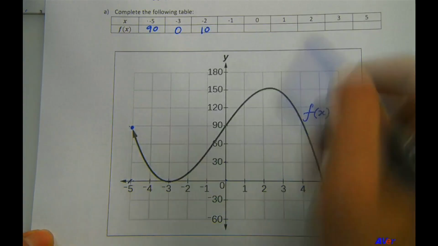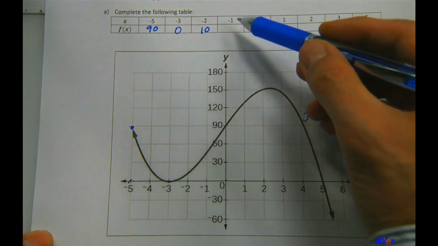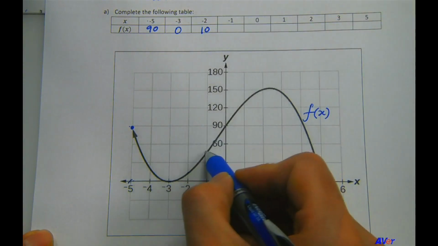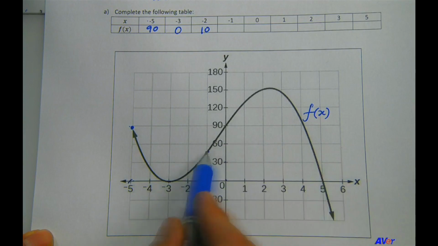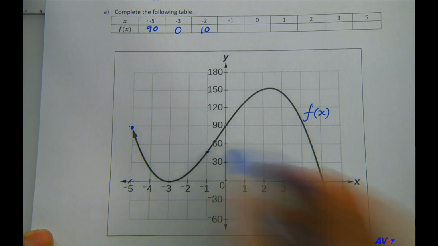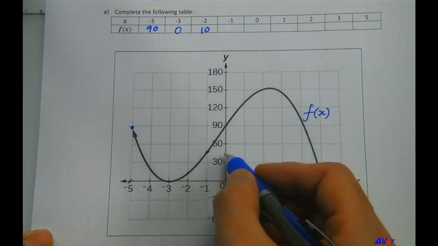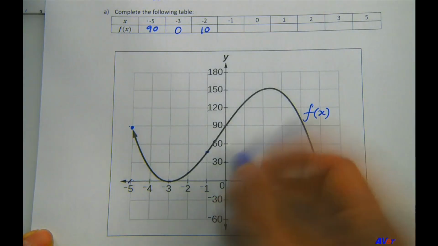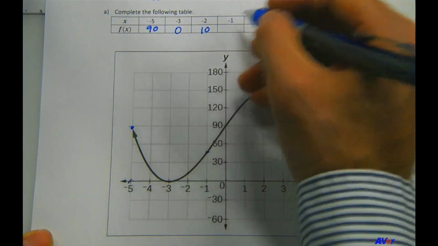Okay, so at x equals -1, the function is here, right? That's a little bit above midway between 30 and 60. So I'd say this would be, let's say, 45. If you wrote down 45, you'd be correct.